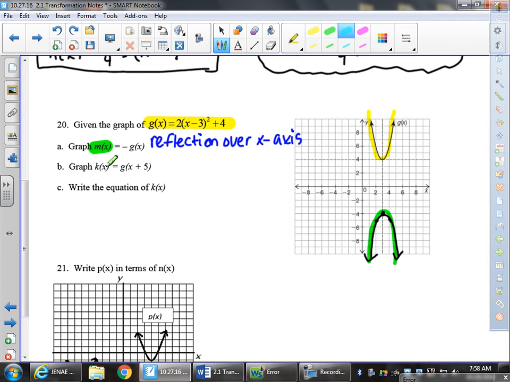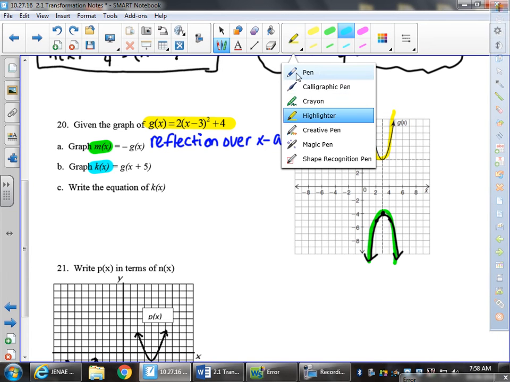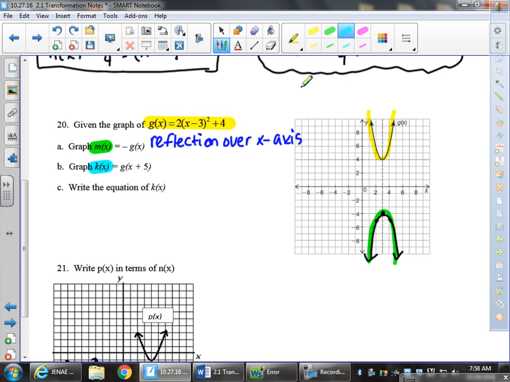B says graph k of x. If you have a third color or your neighbor has a third color, borrow it or grab one from the bucket. Graph k of x equals g of x plus 5. Don't even think of the graph. Let's start with words. In words, what's happening? It's a horizontal shift.